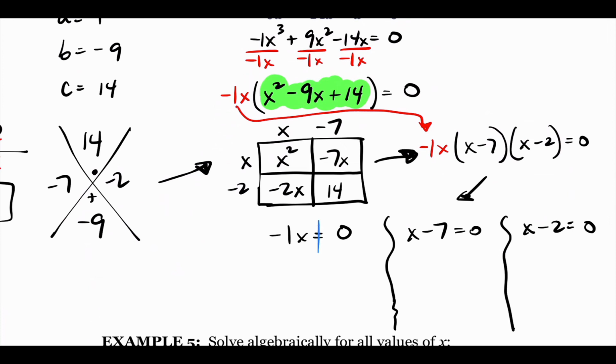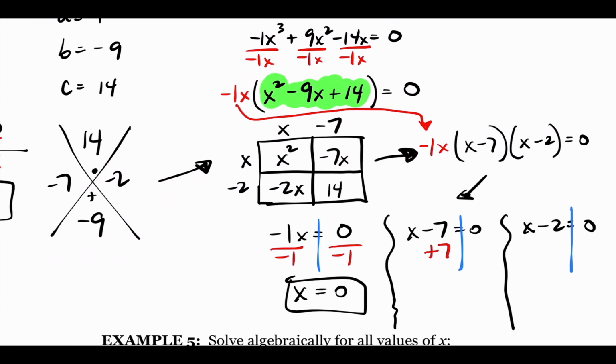Okay, so solve for x. Each of these I can solve for x because they each have an x. So I can divide by negative 1. I get 0 as an answer. Add 7. I get 7 as an answer. Add 2.